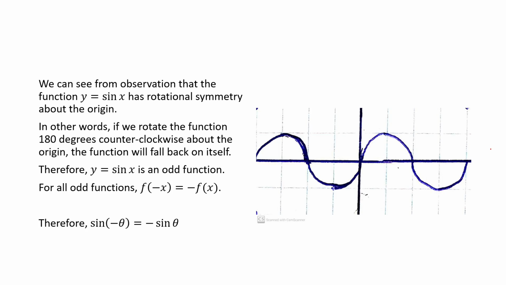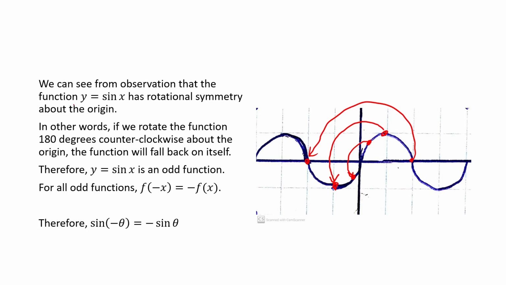Take every one of these points on y equals sine of x and rotate it 180 degrees around the origin, and you're going to get a point on y equals sine x. Take this point right here, rotate it 180 degrees about the origin, it'll be here. Take this point, rotate it 180 degrees about the origin, and it'll be here. In other words, the curve y equals sine x has rotational symmetry about the origin.